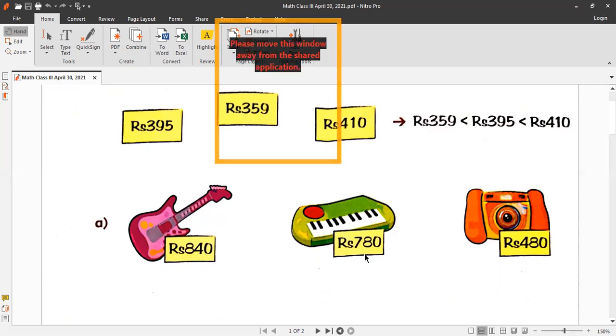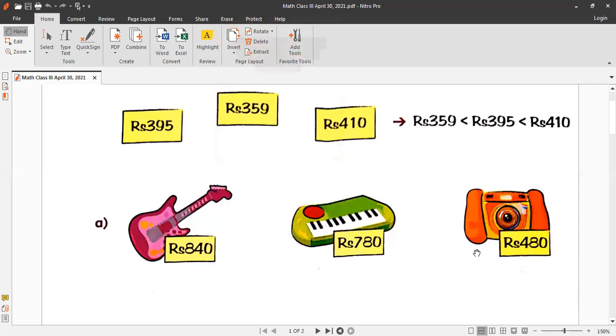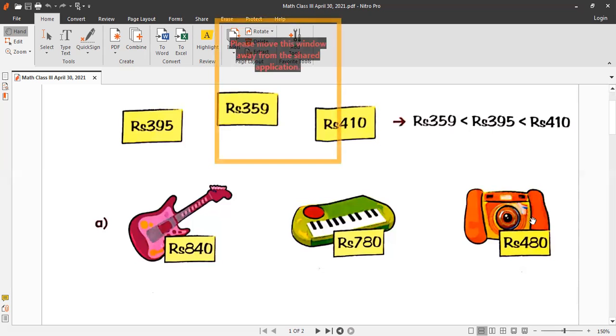Now you can see which one is the lowest price. The camera is cheaper than the guitar and piano. So first I write the price of camera, Rs 480. Then I write the less than sign.